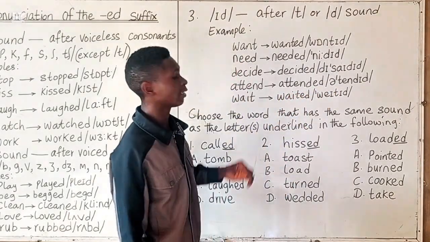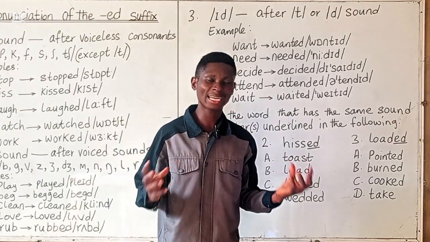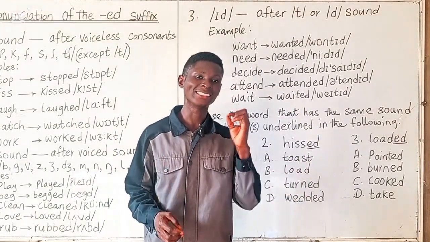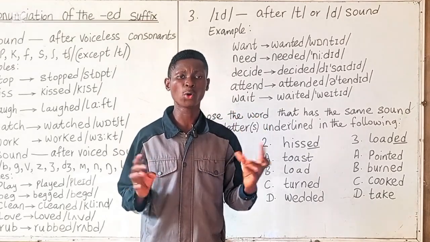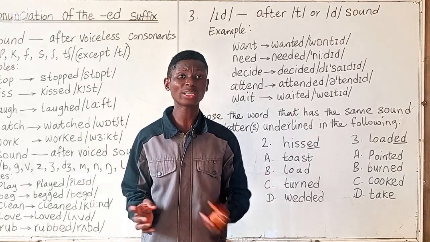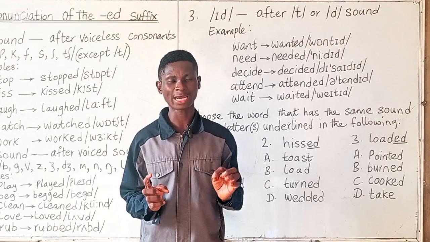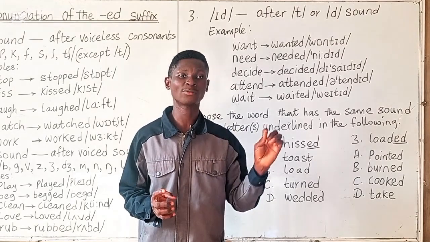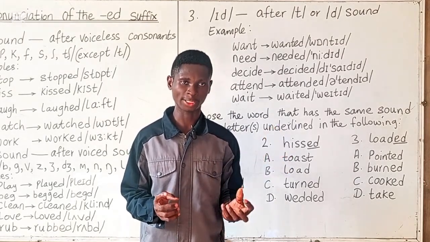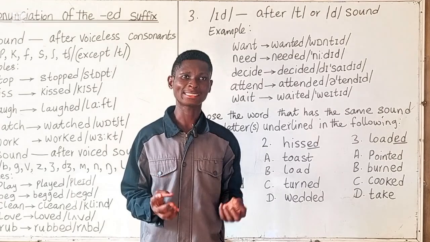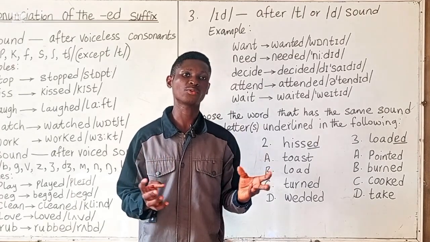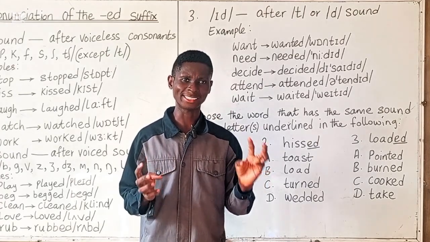So these are the different sounds that underlie the ED past tense marker depending on the word. It is not in all situations that you can realize the past tense marker ED as D. In some situations, you realize it as T, and in some situations, you realize it as id.